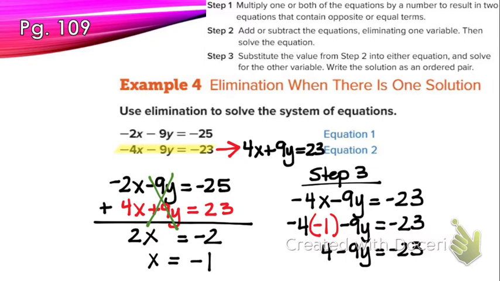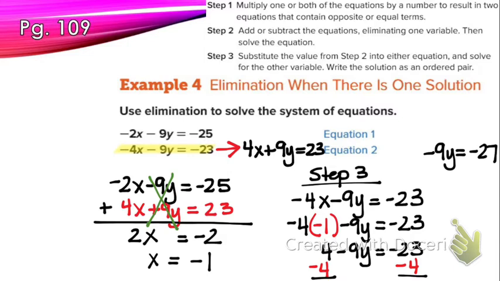When you subtract the 4 from both sides, what do you get? So you're subtracting 4, not negative 19. Negative 27, right? So you should have negative 9y equals negative 27.